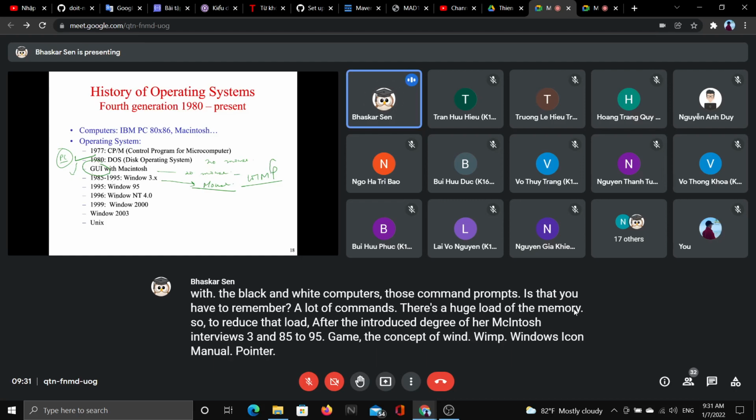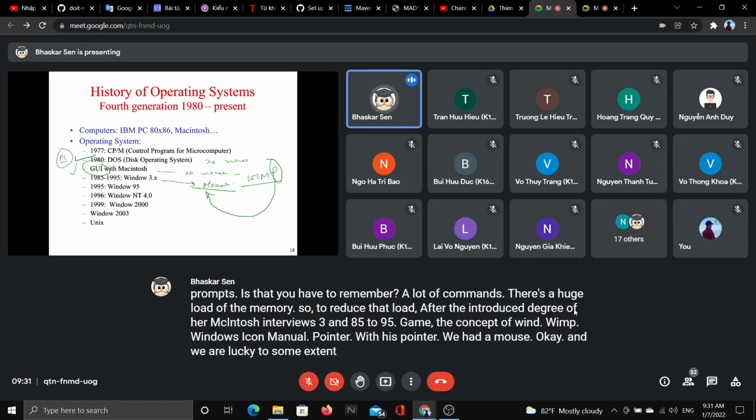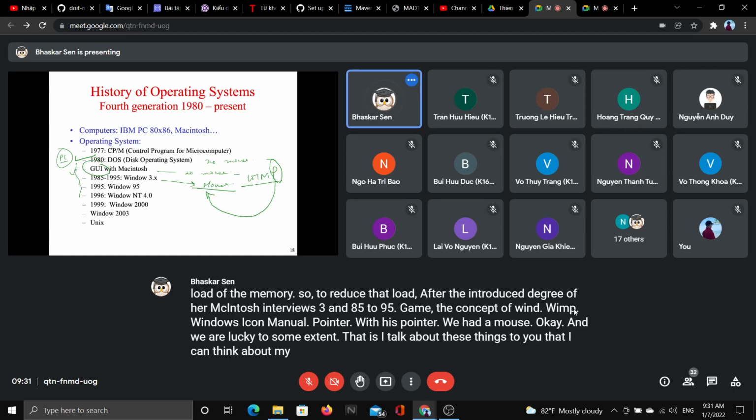And with this pointer, we had the mouse. We are lucky to some extent that as I talk about these things to you, I can think about my old days, that we actually went through all these things.